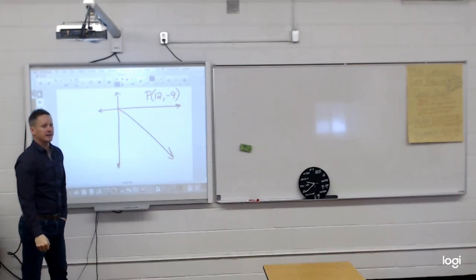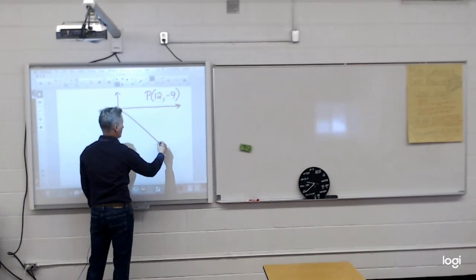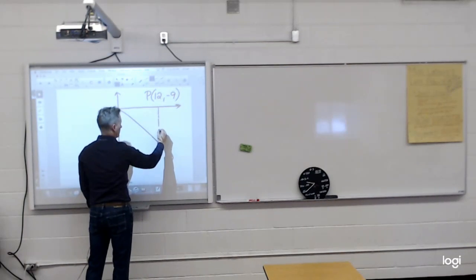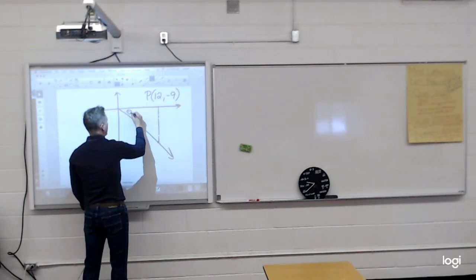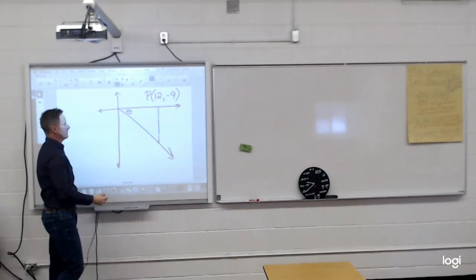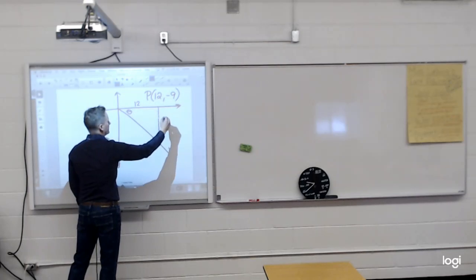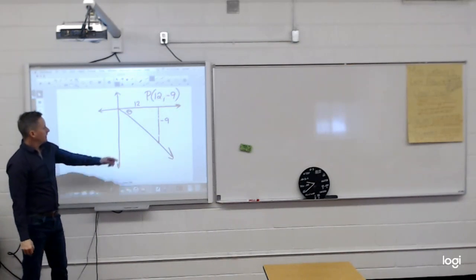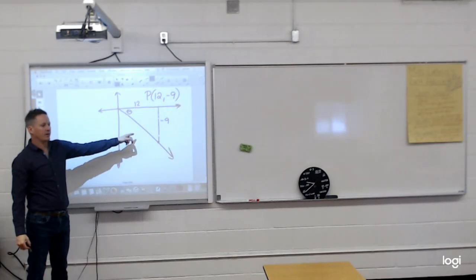12, -9 is somewhere down here, right? Okay? And I'm going to make that theta. Remember, my theta is always with the x-axis. So this is 12. This is -9. First thing I want to do is find out what my radius is here.